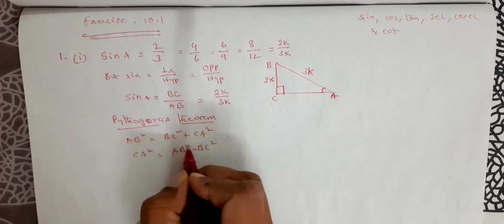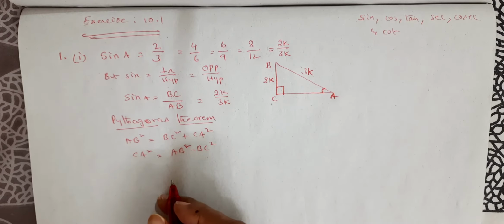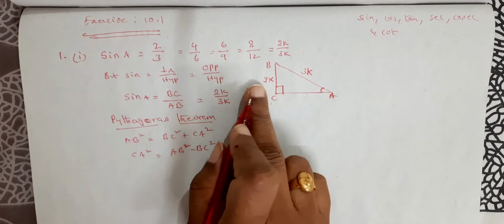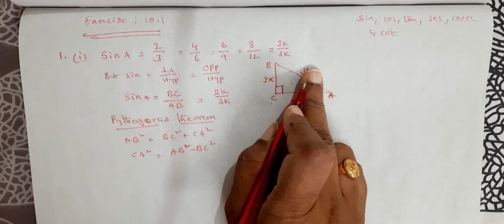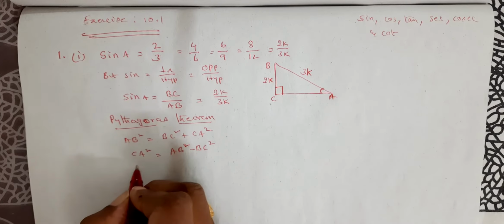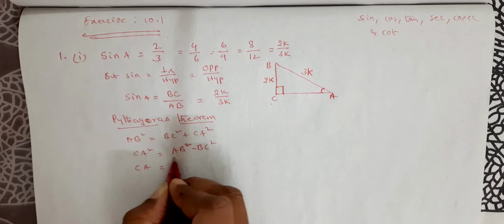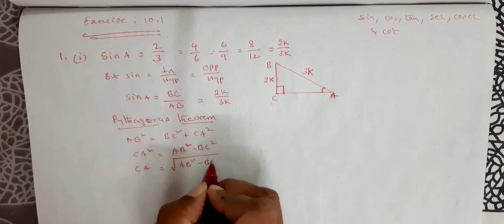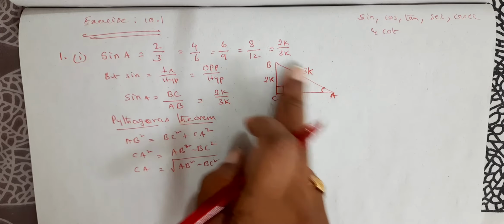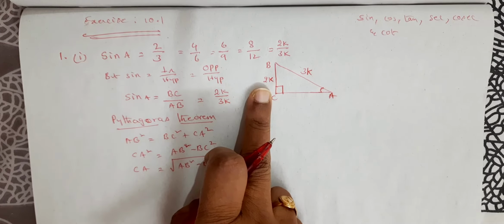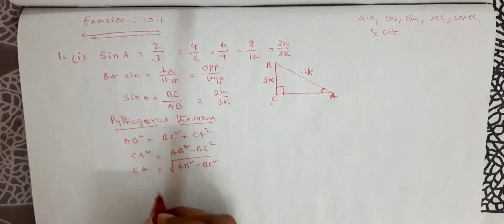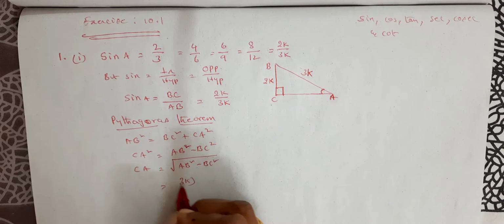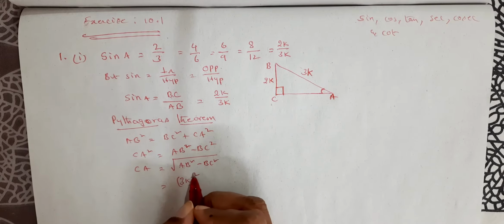Already in the previous class we discussed that if base is asked when height and hypotenuse are given, then base, that is CA, is equal to square root of AB square minus BC square. Here AB is the hypotenuse square minus opposite side square.